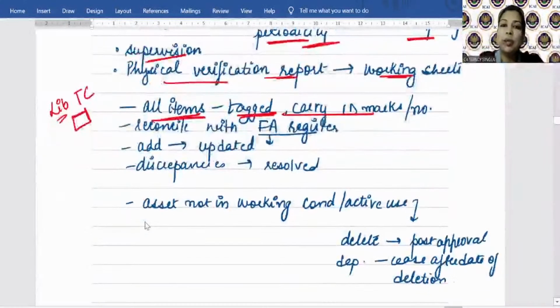Okay? All the plant and machinery, all the furniture fittings, they should carry what? Tags. And then whatever information is there on the tags, the same will be reconciled with what? Fixed asset register. And whatever additions are taking place during the year in the PPE, the same will be updated in the fixed asset register. In case of any discrepancy, the same will be resolved by the management.